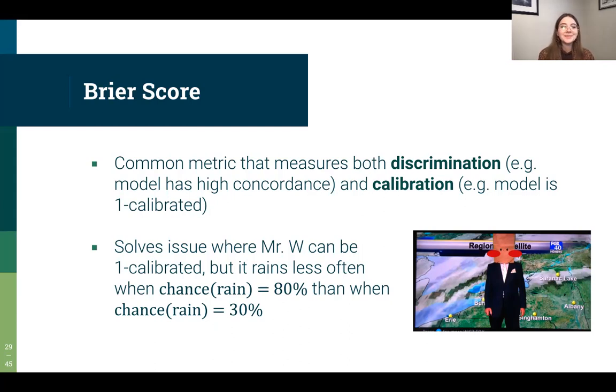But then you start to notice that it rains less often when the chance of rain he predicted to be 80% than when the chance of rain was predicted to be 30%. And frankly, if this happens a lot, this person is probably not a very good weatherman. So you would also want to be taking into account discrimination along with calibration. So Brier score just kind of marries the two of them together.